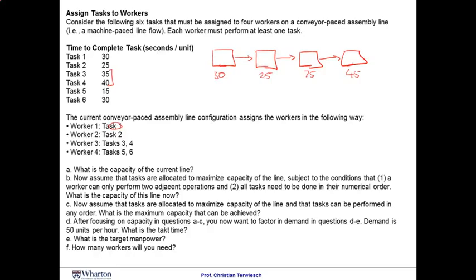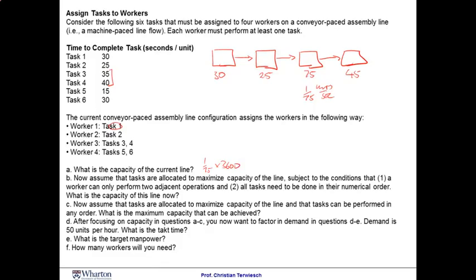We've done this often enough in class that we can quickly see that 1 over 75, in units per second, is going to be the bottleneck, and thus this is the capacity of the current line. So this is 1 over 75 times 3,600 seconds in an hour.